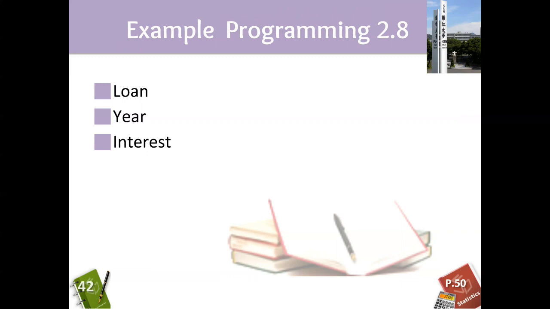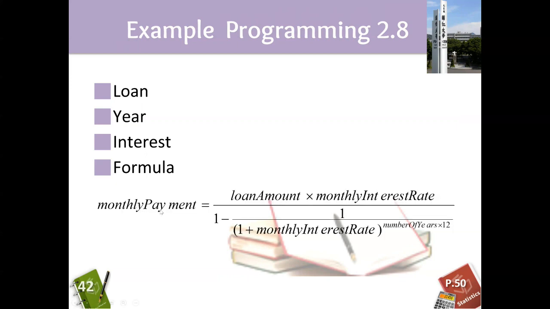Based on the formula, we can find out the monthly payment according to this formula. So actually, if you want to loan some money, for example, 1 billion, and you want to take it for 10 years, and the interest rate recently may be just 1% in Taiwan. It's very cheap. Maybe not so low, okay? Maybe 2%.